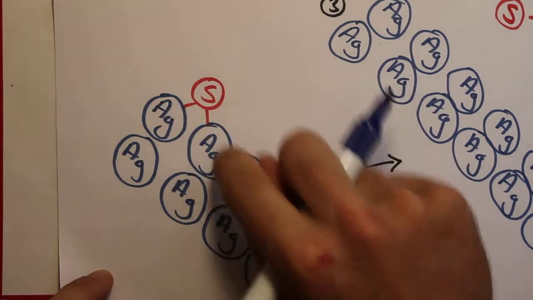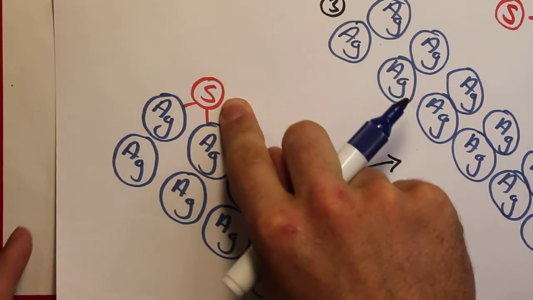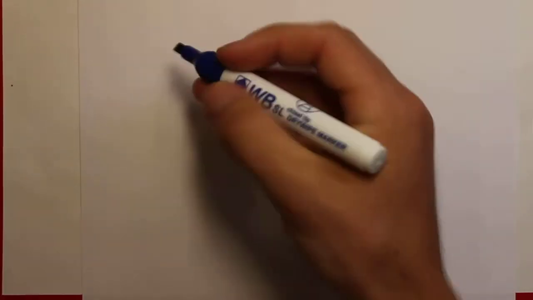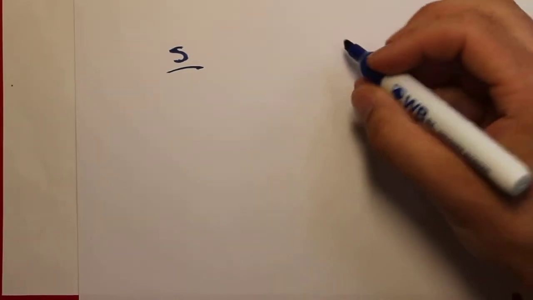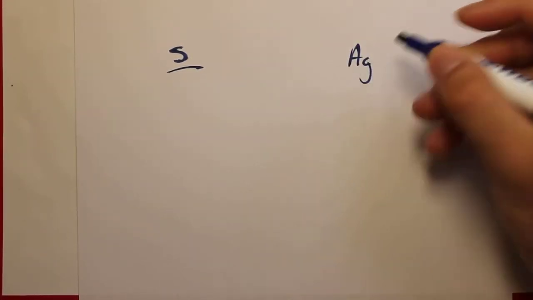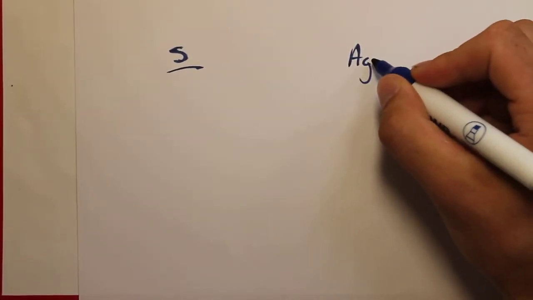Okay, so what we need to be able to recognize from that is for each sulfur atom removed, we also are now going to be removing 2 silver atoms. So that's this here. Now we're removing 2 silver atoms when we're taking away that sulfur atom. So we've got our sulfur here, and we've got our silver sulfide.